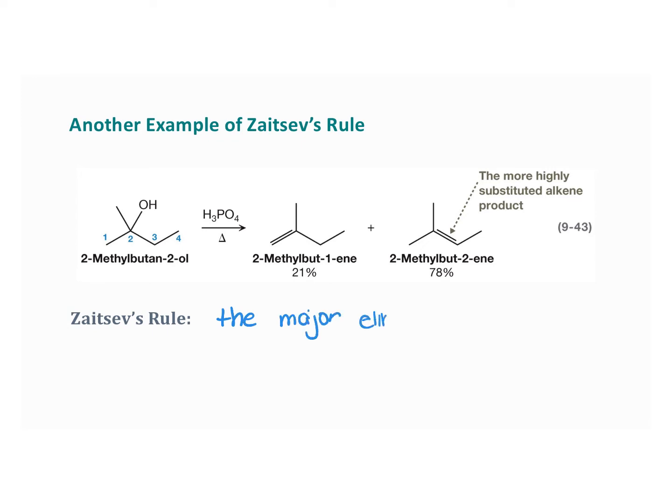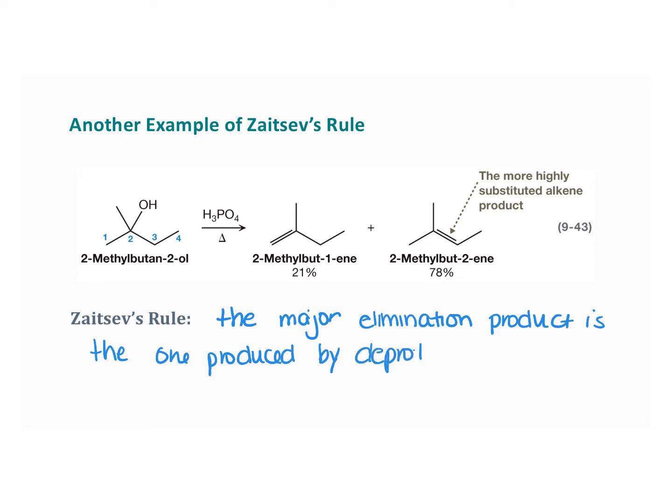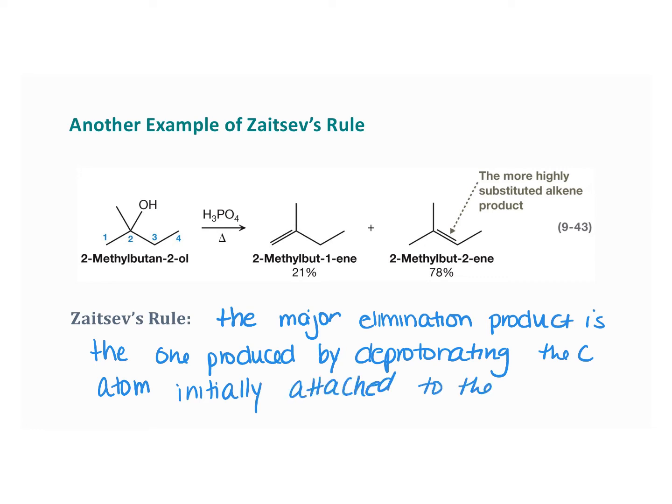The major elimination product is the one produced by deprotonating the carbon atom initially attached to the fewest hydrogen atoms.